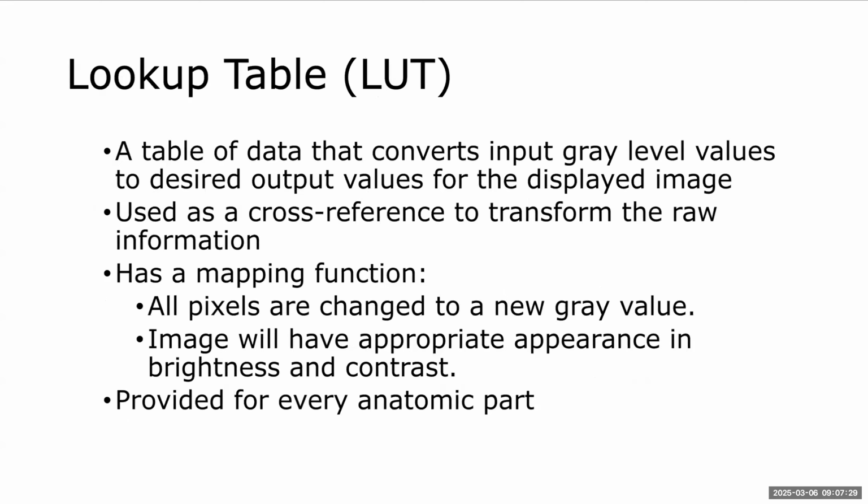So the lookup is going to change the lookup table that's used. The lookup table is a table of data that converts input gray level values to desired output values for the displayed image. So it's used as a cross reference to transform the raw information.